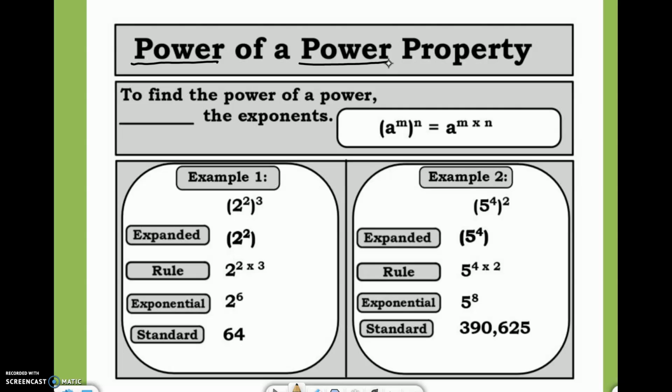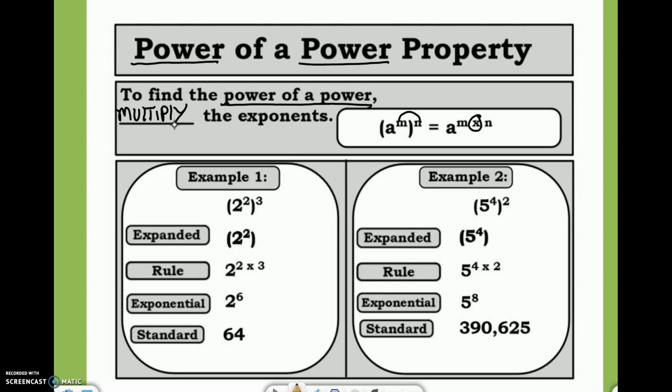So when you have a power of a power, sort of like a double power, what you're going to do is you are going to take the exponents in this case and multiply them. Okay, so you're going to keep the base again, and you're going to multiply the exponents. Seem pretty simple?